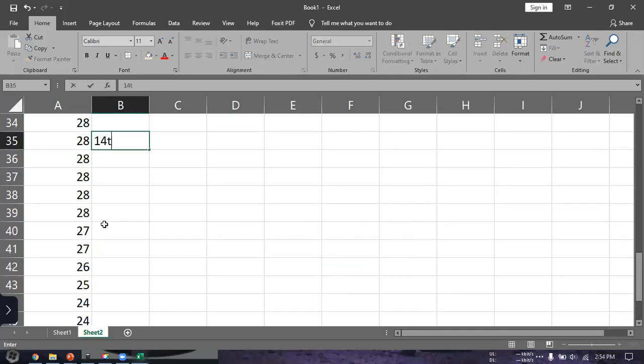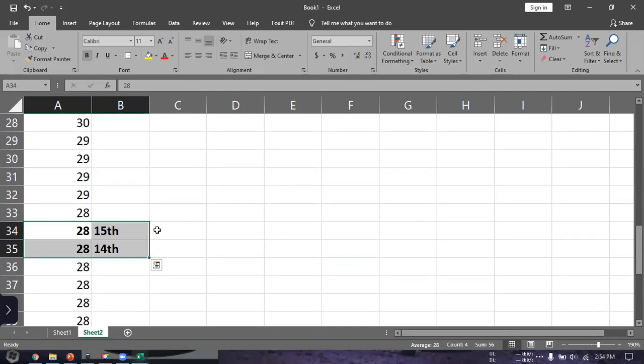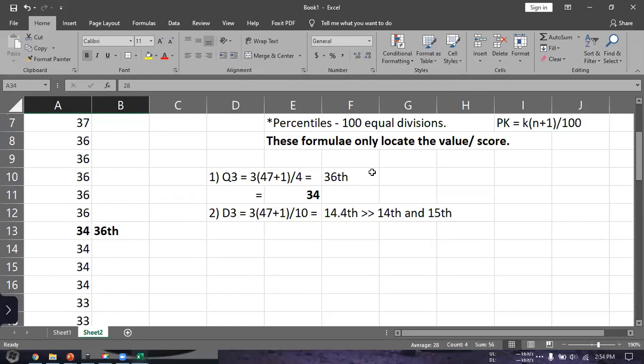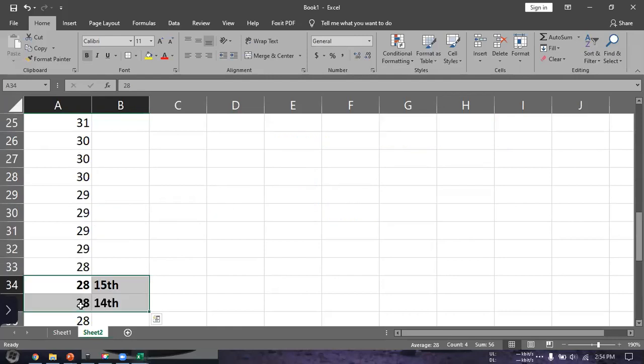They are equivalent to 28. Although they are equivalent, I'll show the process, but this will lead us to the same value, 28.